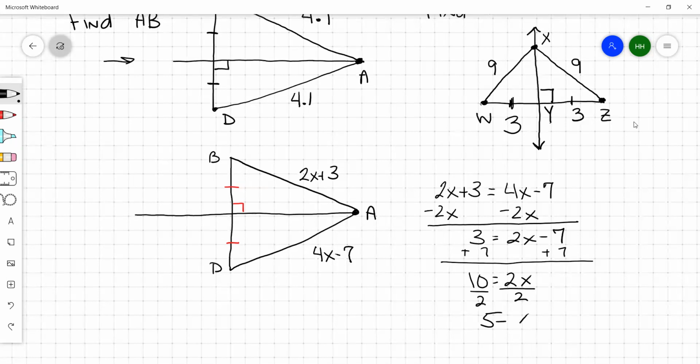So 5 is equal to x. If 5 is equal to x and you need to find the distance from A to B, well, AB will equal 2 times 5 plus 3. So AB will be equal to 13.